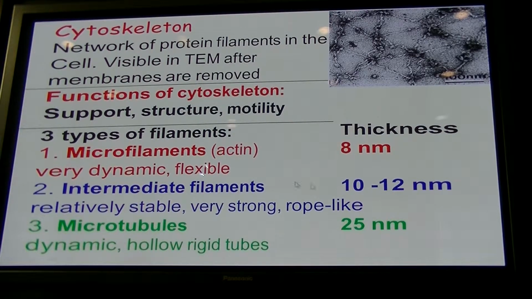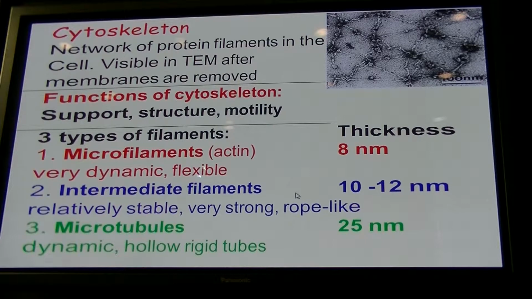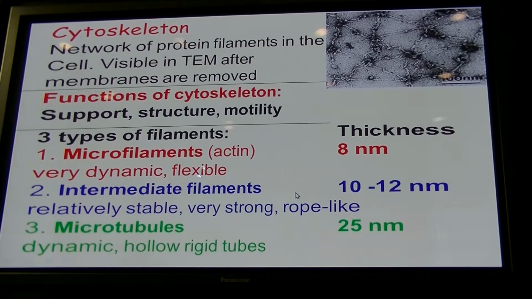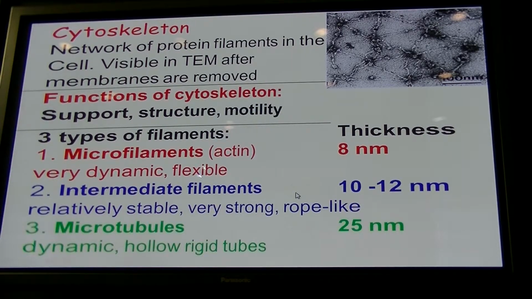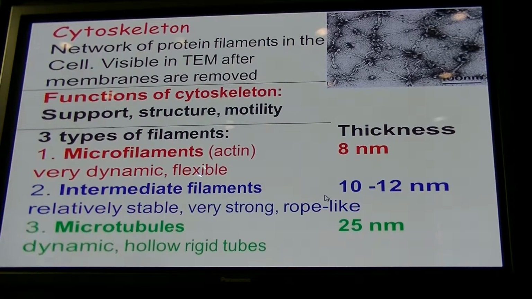They're in between the thickness of microtubules and microfilaments. They're still pretty dynamic, but relative to the microtubules and microfilaments, intermediate filaments are overall pretty stable. Their structure is made up of a variety of molecules. Keratin is one type, and they're always very strong and rope-like.